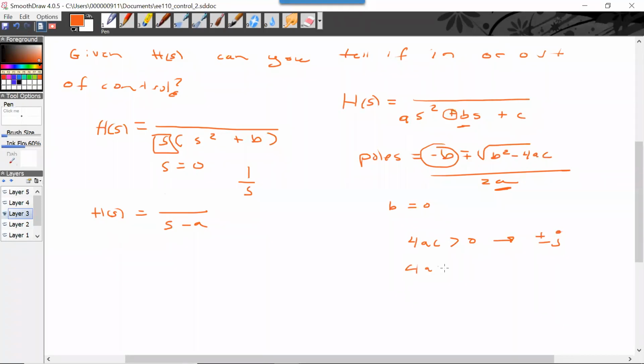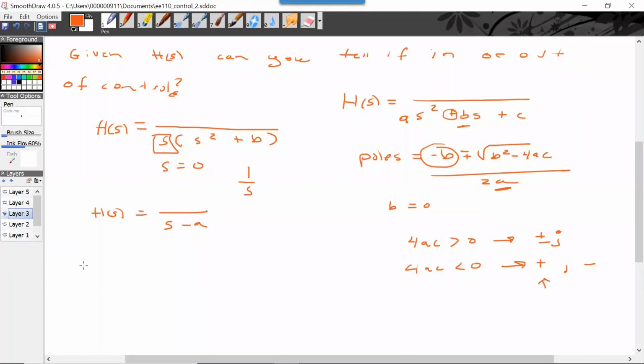But if 4ac is less than 0, then the number is positive, so it's no longer purely imaginary. You're going to have one positive and one negative pole, and that one's going to have exponential increase. And so it will be out of control, right?